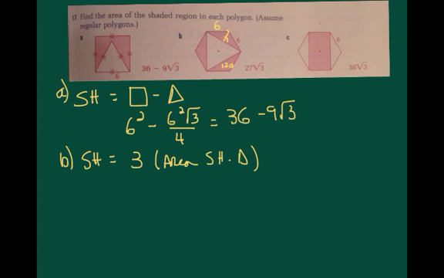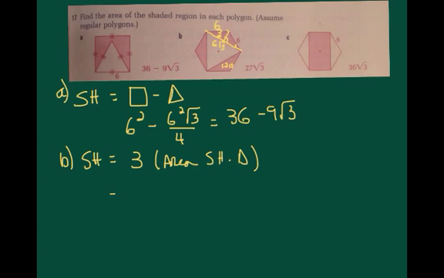So the side opposite the 30-degree angle down here is going to be 3. And of course the base will be this side, and that's going to be 6 root 3, if I solve for the third side of that 60, 30, 90 triangle and double it.